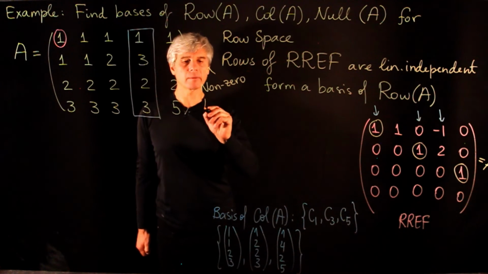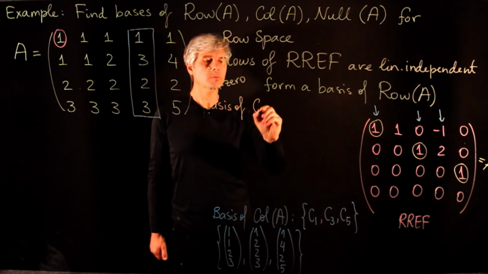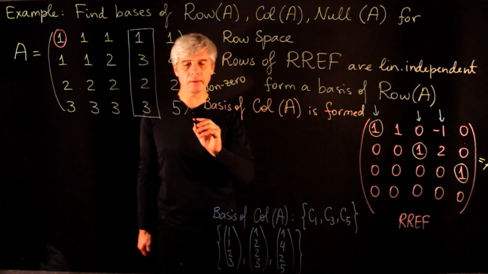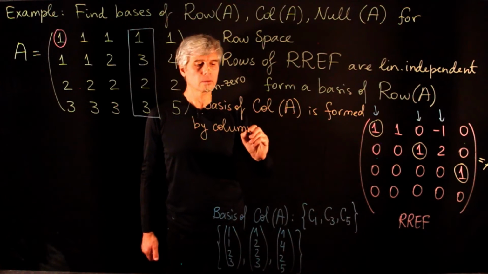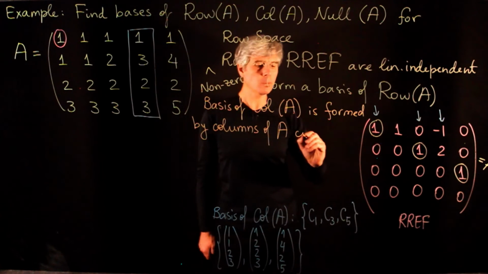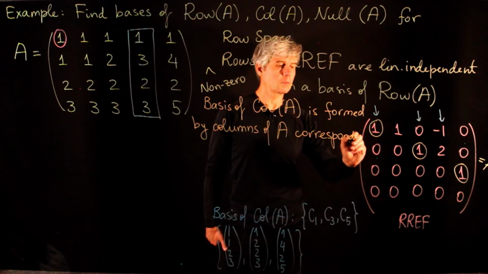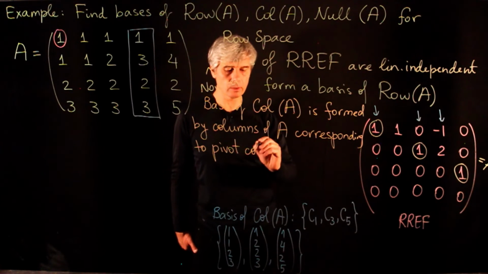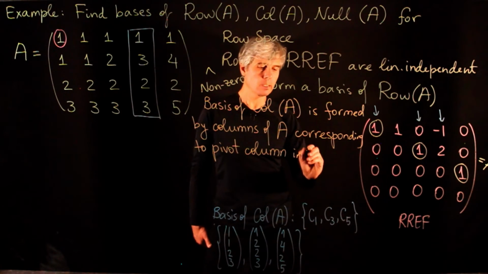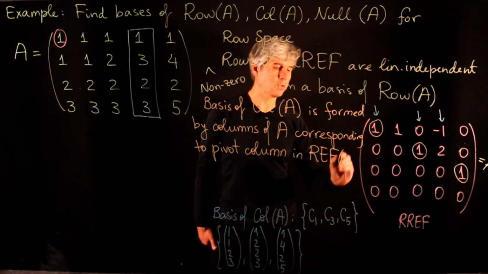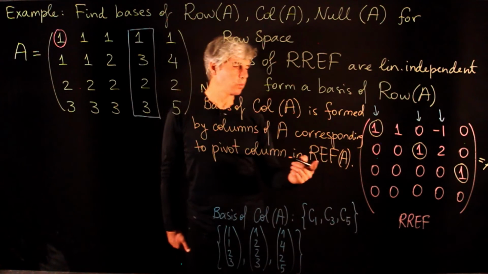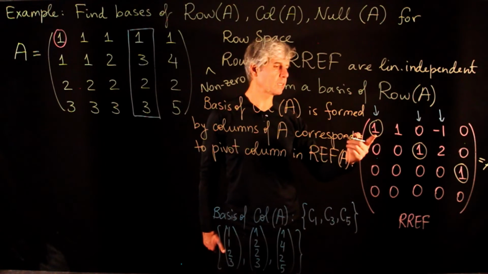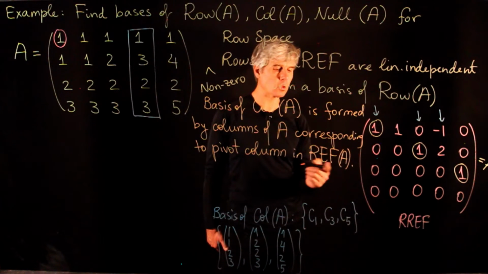So now we can summarize that the basis of the column space of A is formed by columns of A corresponding to pivot columns, or to positions of pivot columns in row echelon form of A. So here, in fact, we don't need to go to reduced row echelon form, because if we are only interested in positions of pivots, then it's enough to go to row echelon form.